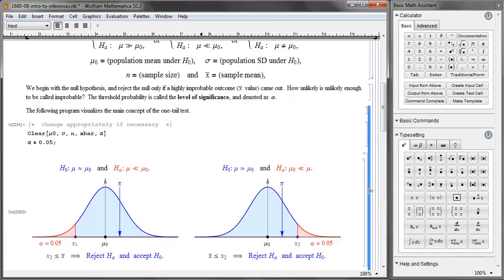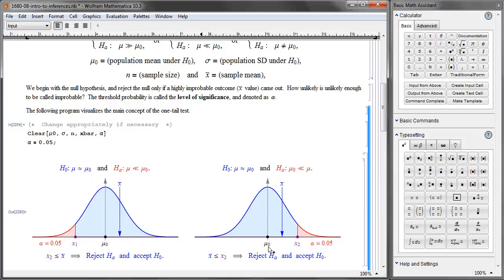The area of the red region, as you see in the right hand side picture where my mouse is moving around, is the probability of type 1 error, basically. Even though the null is right, as you can see, this normal picture is centered around the null, so we are assuming the null hypothesis.